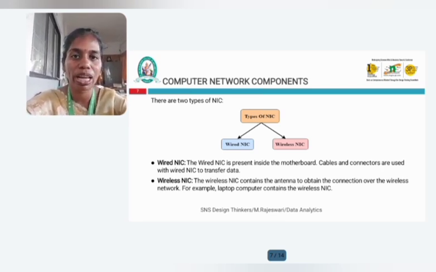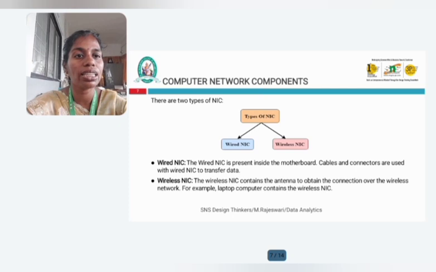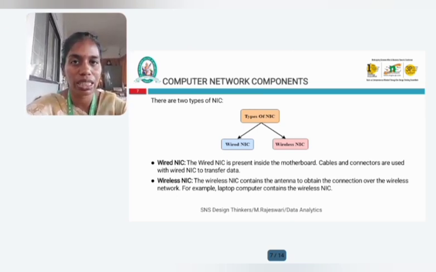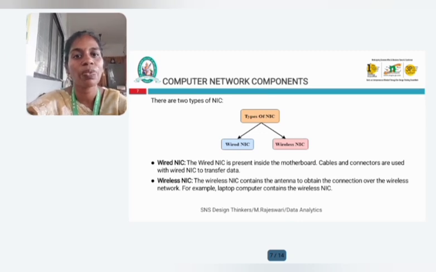What do we mean by wired NIC? The wired NIC is present inside the motherboard. Cables and connectors are used with the wired NIC to transfer the data. As the name suggests, it has wires for communication and for creating connections.